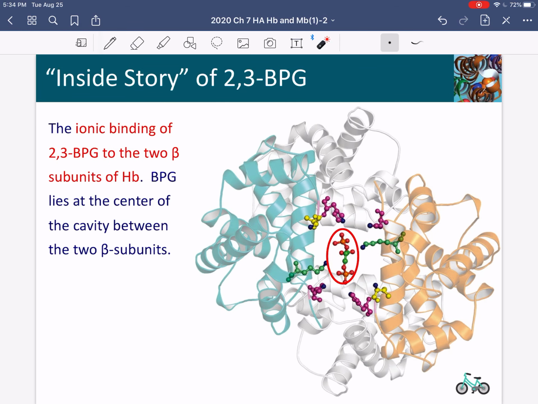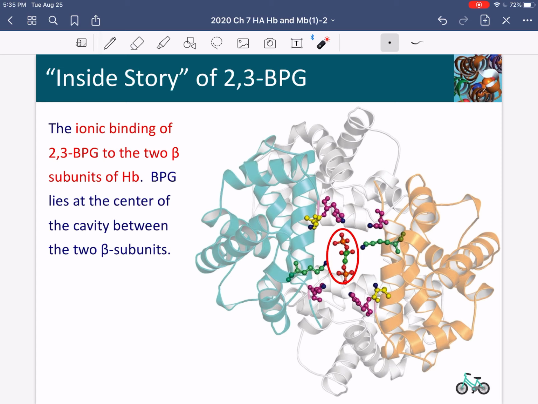So here's the BPG circled in the center, and this is the T state of hemoglobin with 2 of the beta subunits in color, and the alpha subunits are in the back in white. And what you see is the side chains that contribute these positive charges, those nitrogens that are carrying those positive charges are dark blue, and they're facing the lining of this cavity in the center of the tetramer.